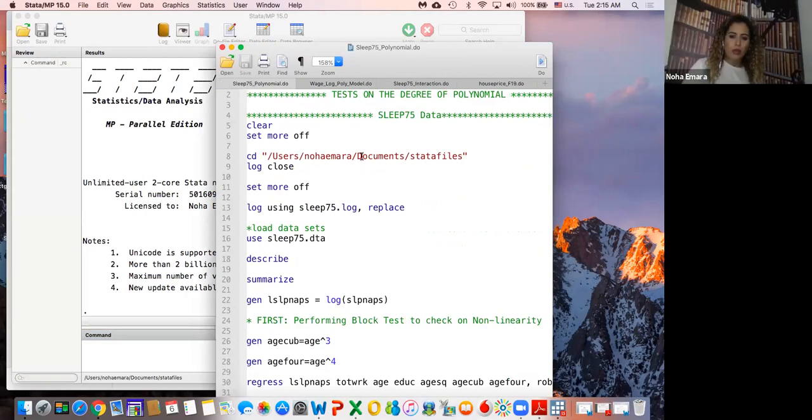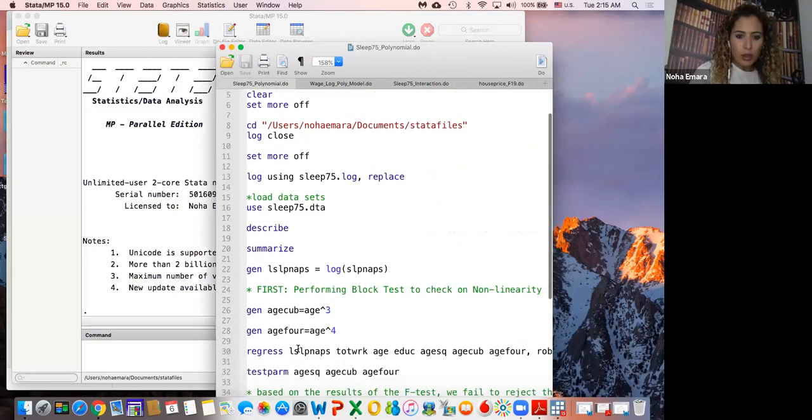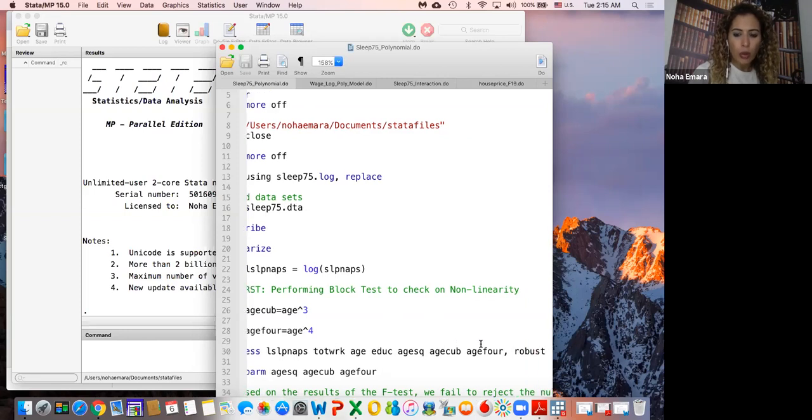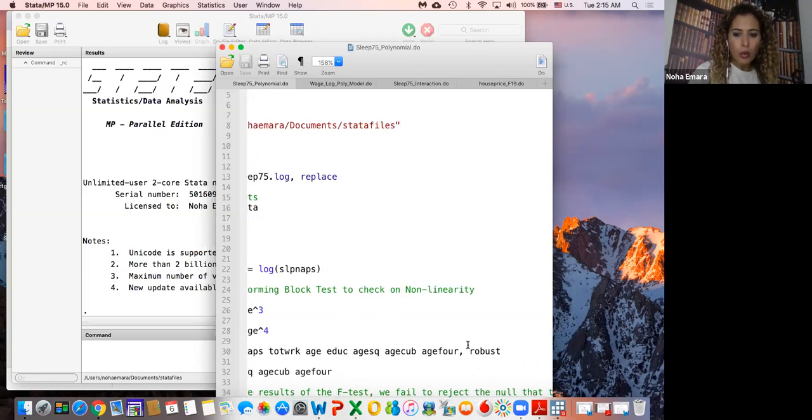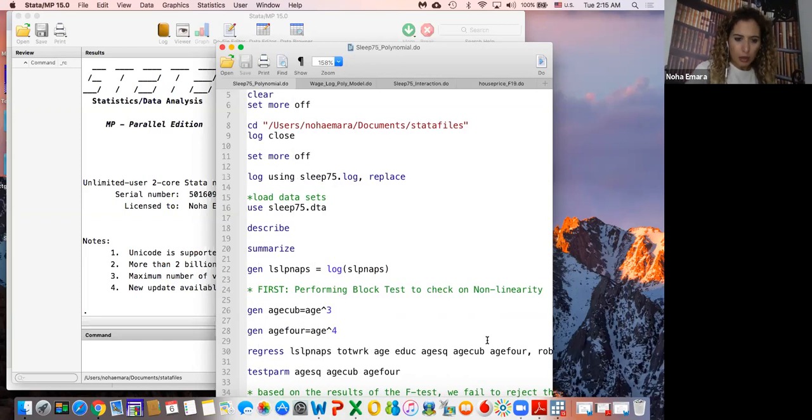As I was talking about in the example I gave you, it's trying to analyze the relationship between the sleeping minutes and the total minutes of work, the age, the education, education squared, education cubed, education to the power 4, and we're using a robust standard error because the model has a heteroscedasticity problem.